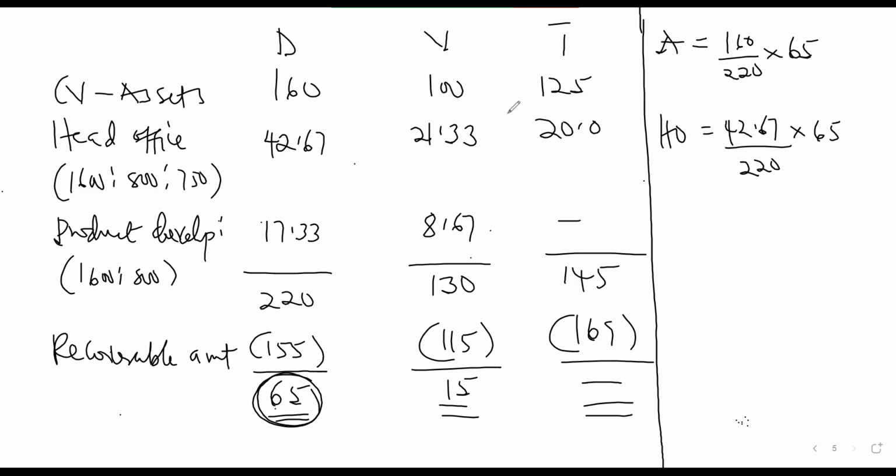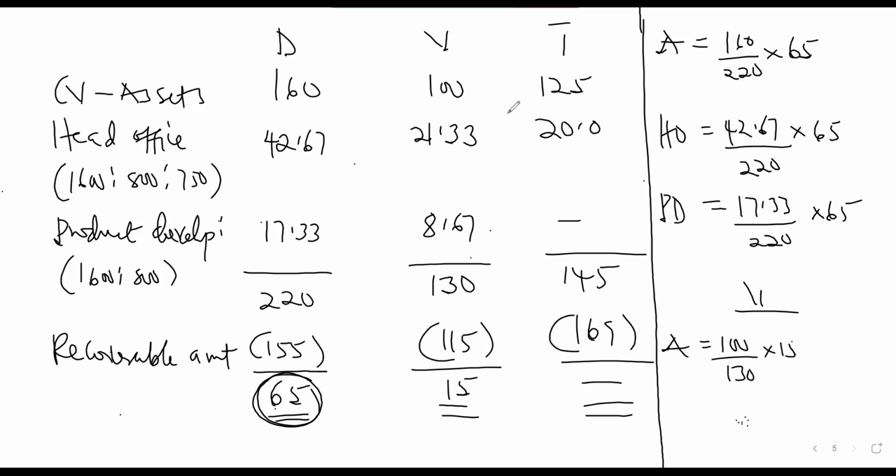Are we okay? Then the product development for Denu. This is only Denu. Then we have 17.33 divided by 220 times 65. So can we get a share? Then we move on to the V. The V, their assets will be 100 over 130 times 15.